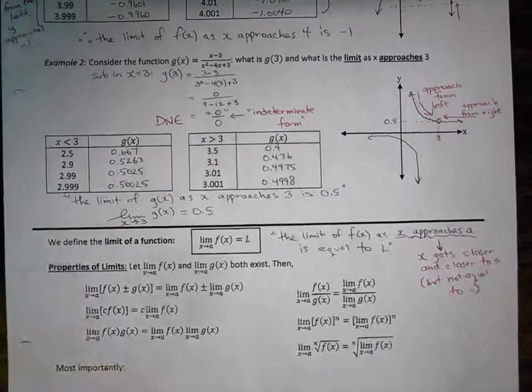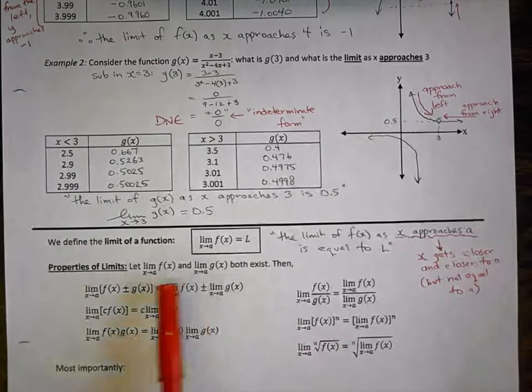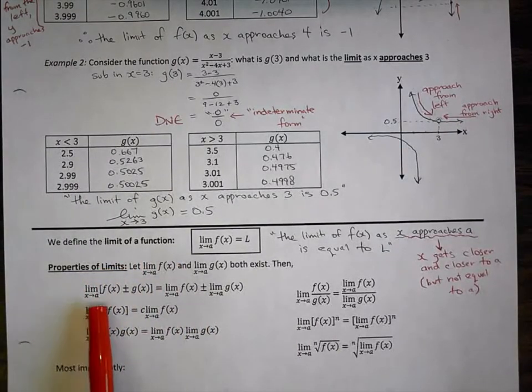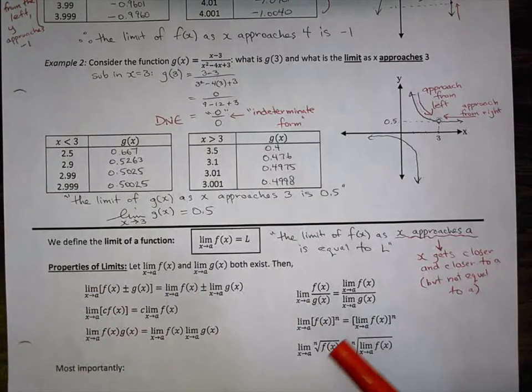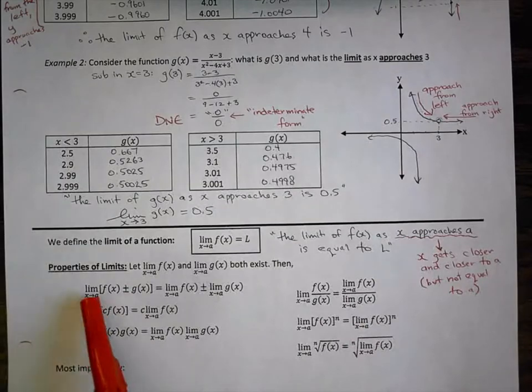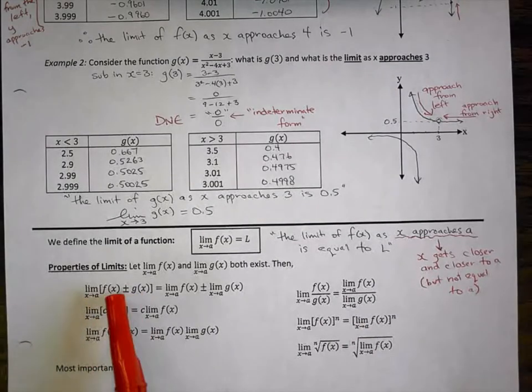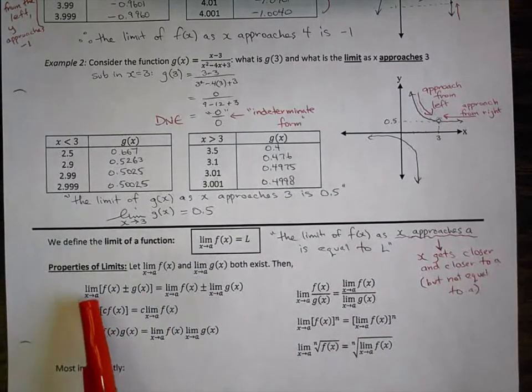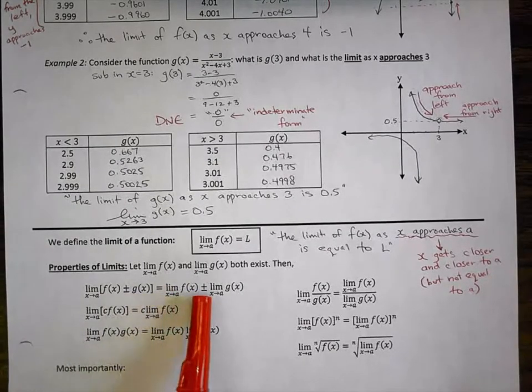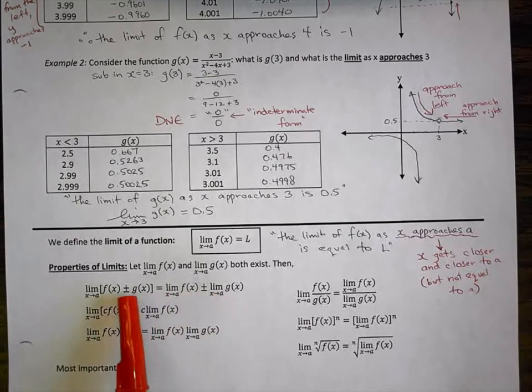Okay, so here are a bunch of properties of the limits, and I won't get you to write these out. In general, all the properties are pretty similar to the properties that you've learned about other functions. So for the limit of a function plus a function, you can separate them out. You can distribute the limit. So you have the limit of f plus the limit of g, or you could do subtraction.